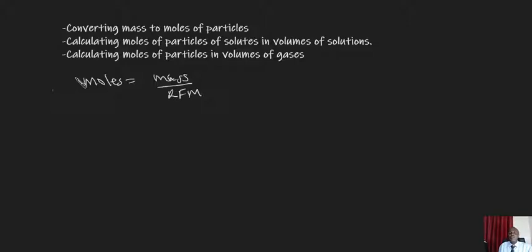So, for example, a formula like sodium carbonate, you can see that the formula has 2 atoms of sodium, 1 atom of carbon, and 3 atoms of oxygen. We can add up all the relative masses of those atoms to get the total. The total is what we call the relative formula mass.